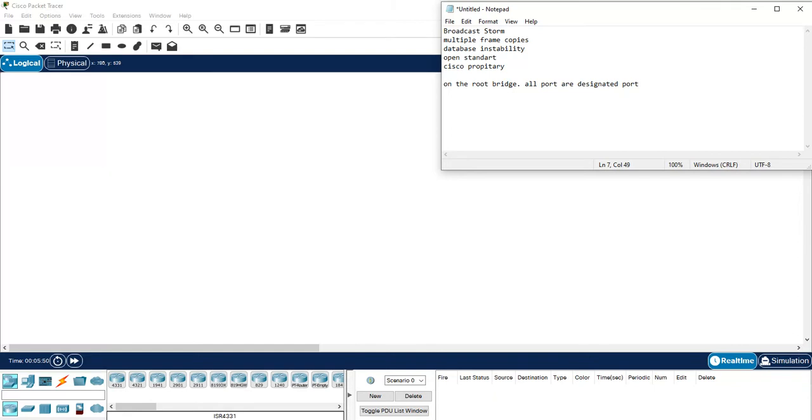Designated port is a port on the switch that is directed away from the root bridge.